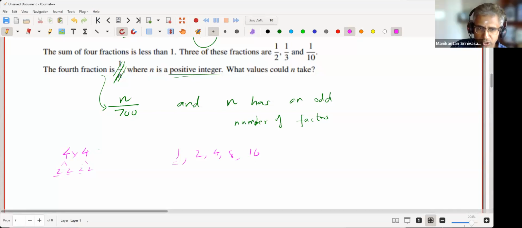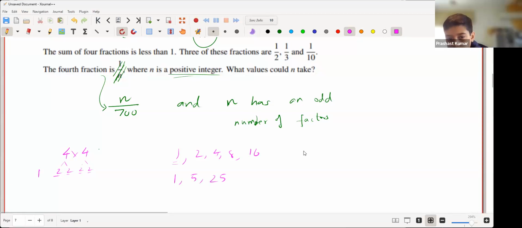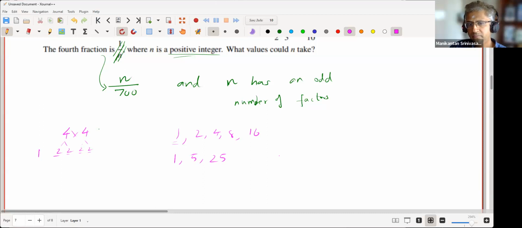This 2, this 2, this 2, this 2, there are four 2s, which is why it's a perfect square. Yeah, so when they get multiplied, it's a perfect square, but 1 is also a factor, so we do into 1. For example, how do you extend the logic for 25? For example, 25 has 1, 5, and 25. Okay. Yeah. So let's take away the 1. So now it has 2 factors, 5 and 25.